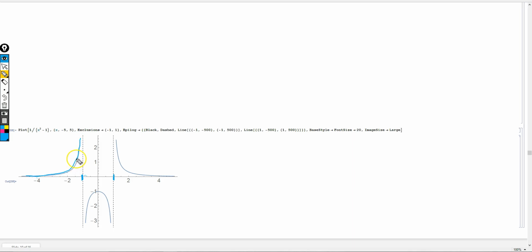It satisfies our intuitive definition, our imprecise definition for continuity. It also satisfies our precise definition. Same thing from negative 1 to 1. It's continuous. And from positive 1 to infinity, it is continuous. So it's continuous everywhere except at negative 1 and 1. Okay, so that concludes our discussion of the definition for continuity.